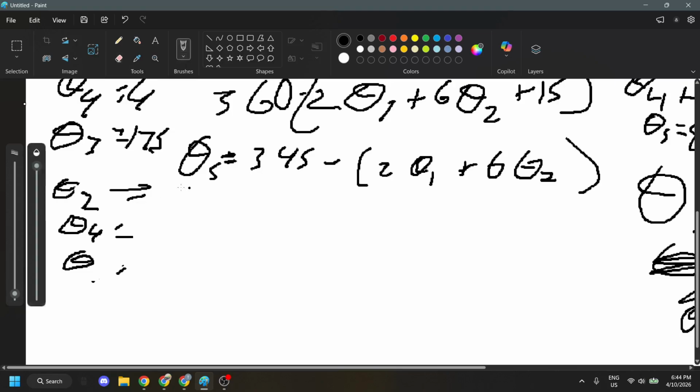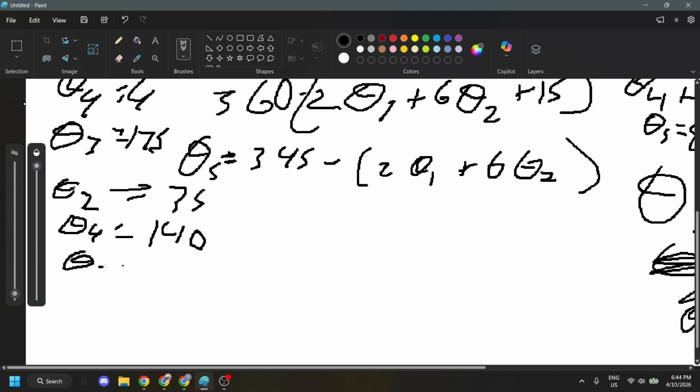Theta 2 is equal to 35. That makes this 150, 100, wait, what? 120 plus, so 140, no, 140.